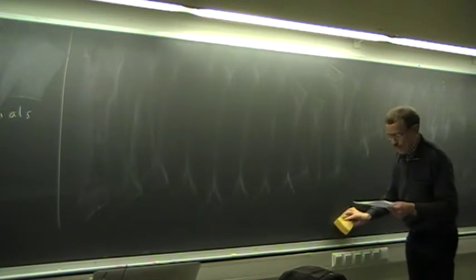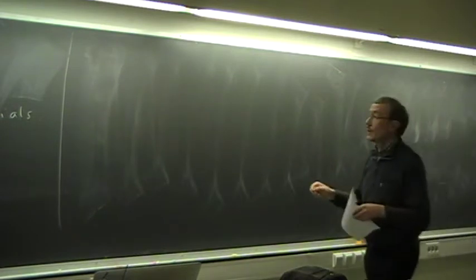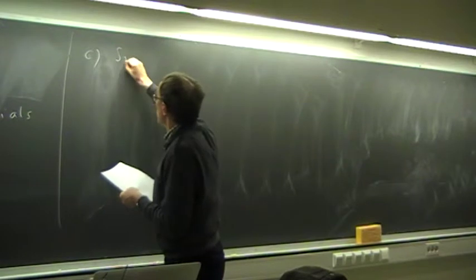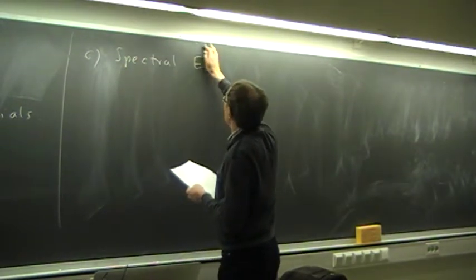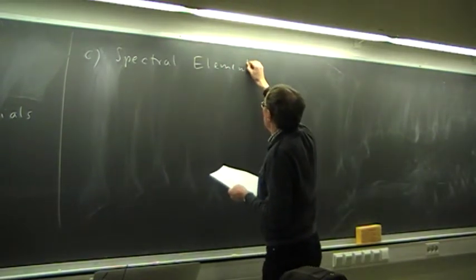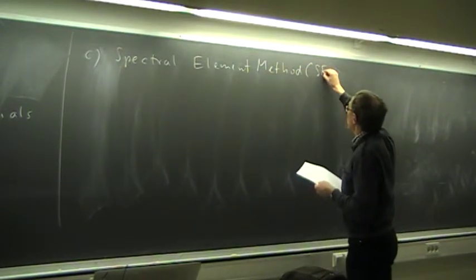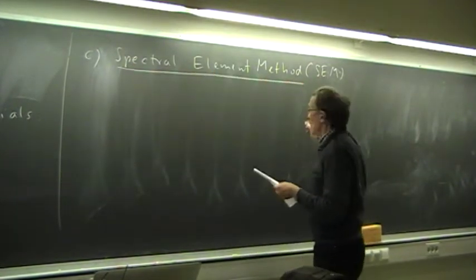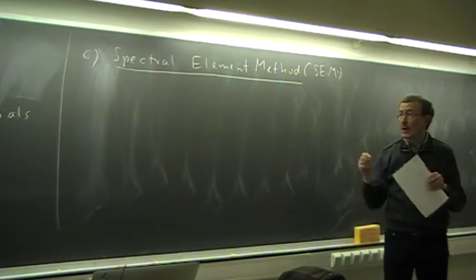So that is, the one missing now, the last one that I want to mention. That is the spectral element method, acronym SEM. And that is a kind of combination of the finite element method and the spectral method.